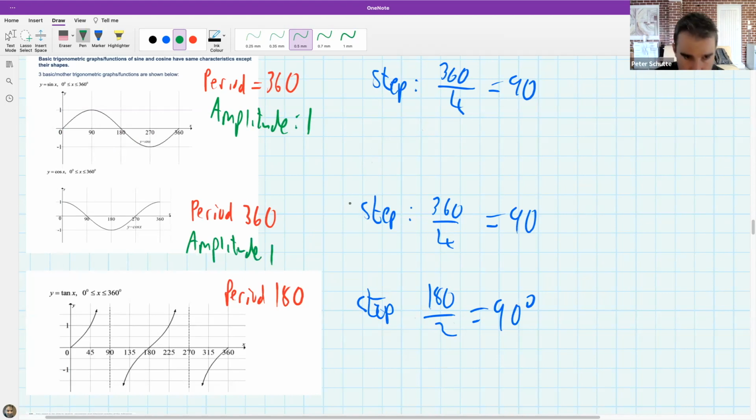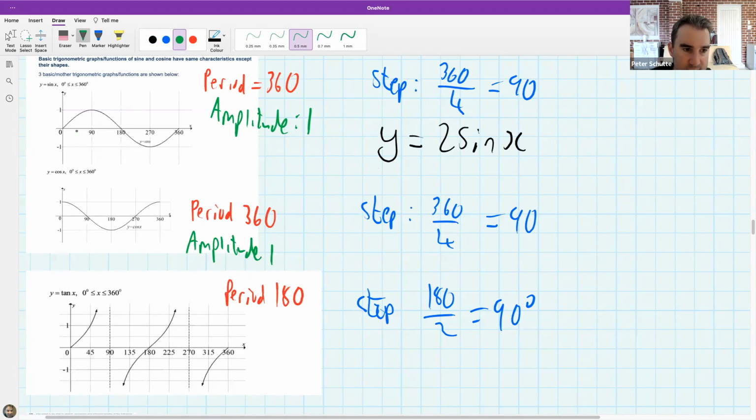However, we can sometimes change things in the graph. Earlier on today, we drew the graph of y equals 2 sine x. And that graph looked very different to the one that's here.